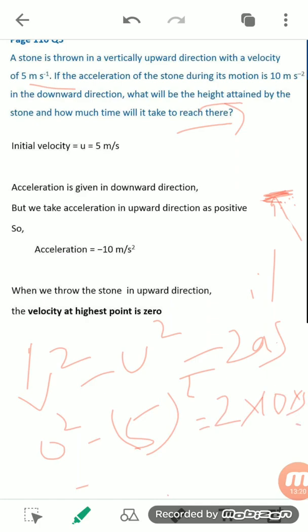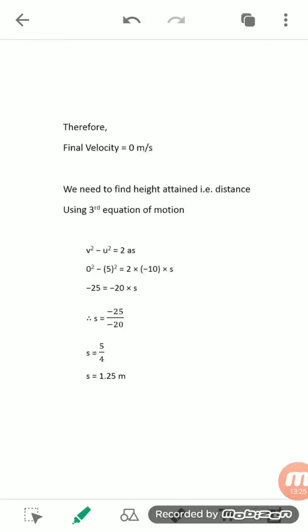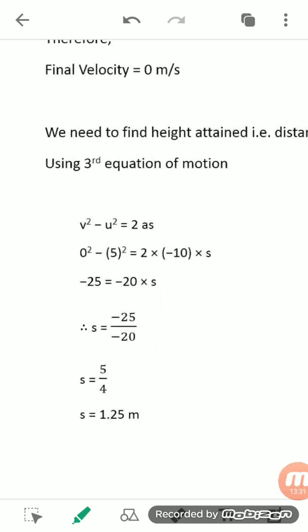Only the value of s we do not know, so we can use the third equation of motion to find the answer.